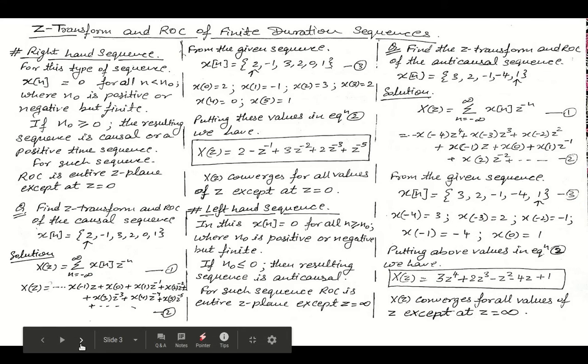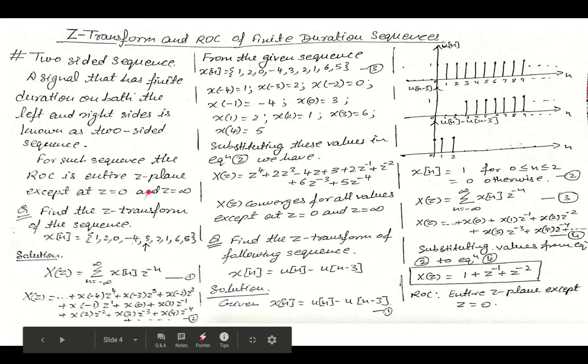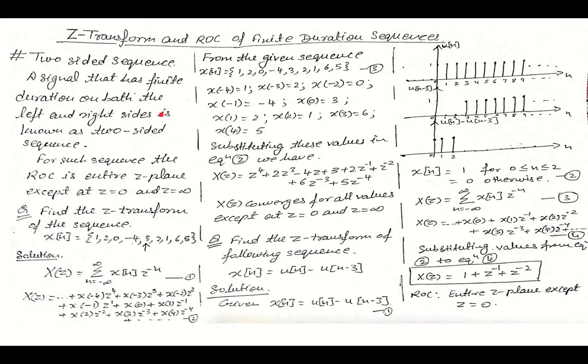Now the third condition is when we have a two-sided sequence. That means we are having both the left and the right-sided sequence. That means in my given question we have values on both the sides, that is the right side of the origin and the left side of the origin.